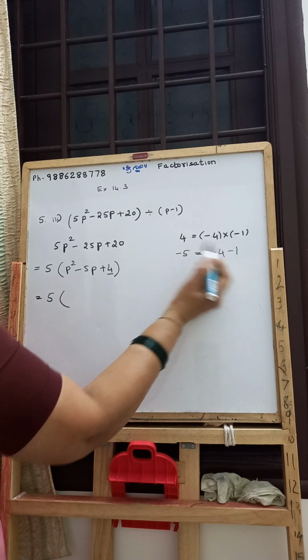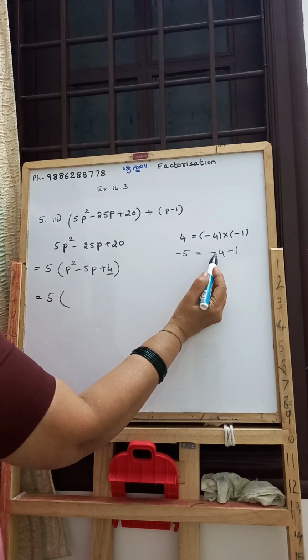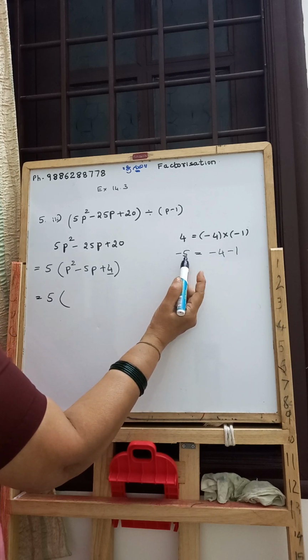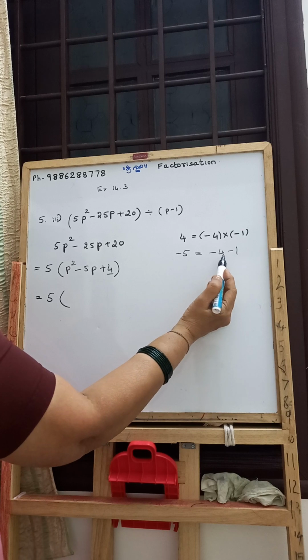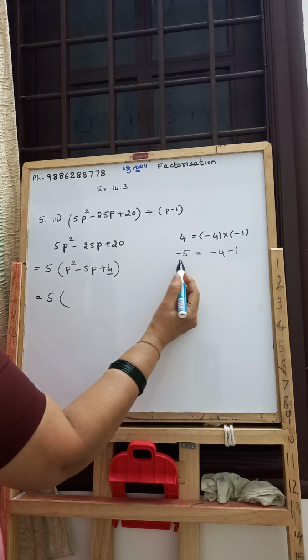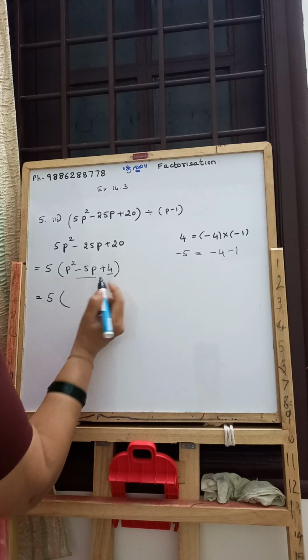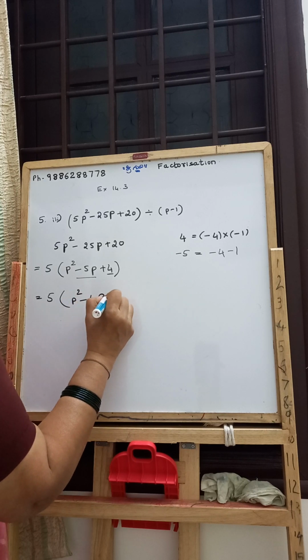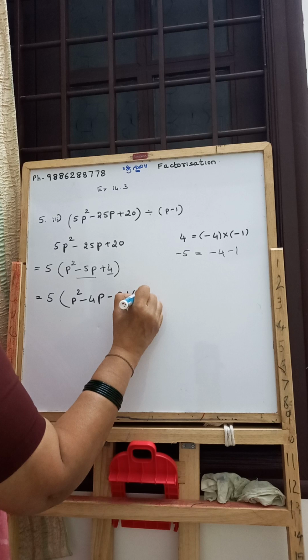Here minus into minus gives plus 4, minus 4 and minus 1. If you add them, you will get minus 5, because if two numbers have the same sign, add and put the same sign. Now splitting the middle term, we write p square minus 4p minus p plus 4.